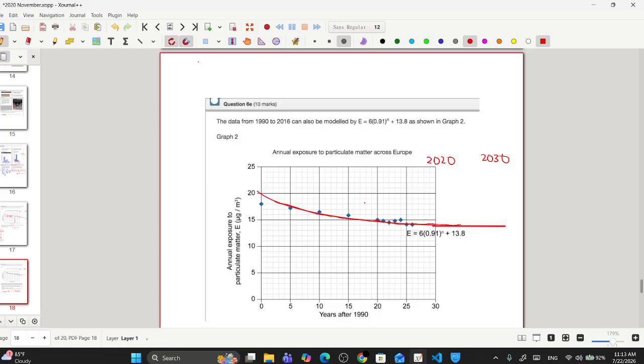So, what can we talk about? The prediction. Predict the level of annual exposure using both graphs.